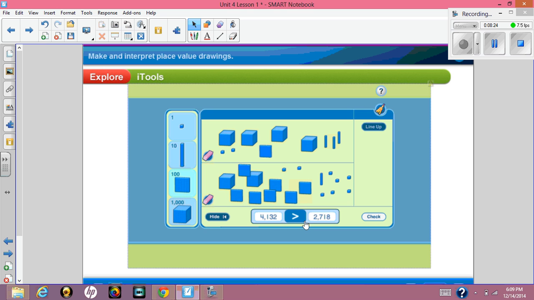The other is 2,000, 700, and 10 plus 1, 2, 3, 4, 5, 6, 7, 8. So 4,132 is a larger number than 2,718. We are right.